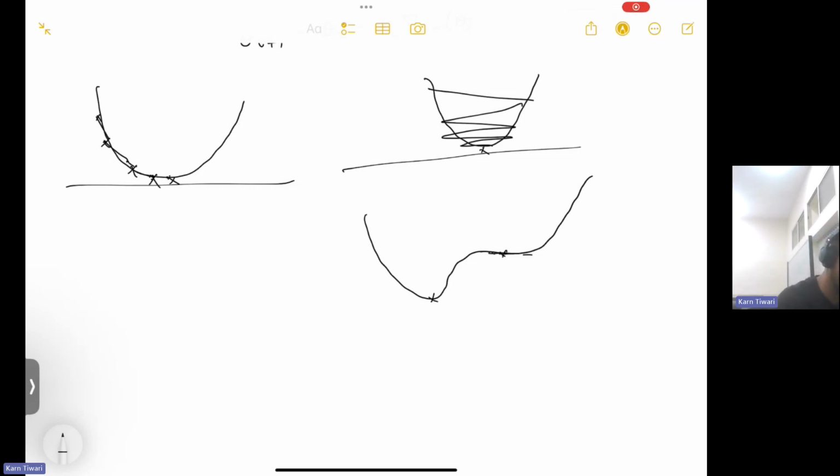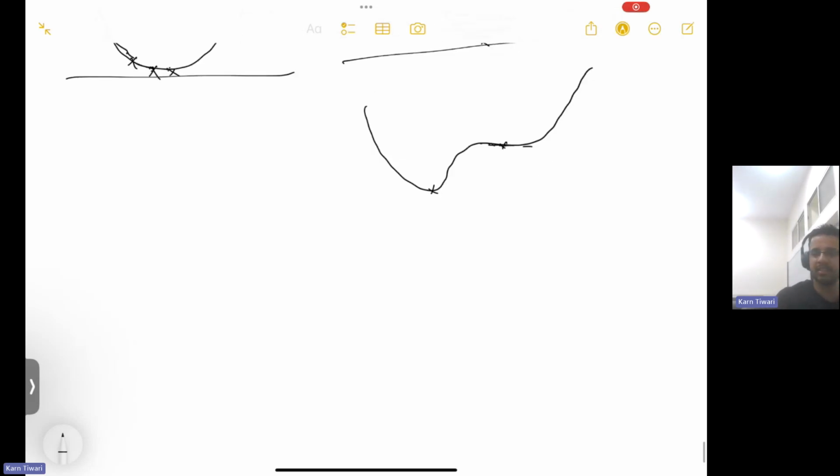If we take a lot of steps, I'm not even sure whether I will be able to reach here in a fixed amount of time. It might take an infinite amount of time to reach the minimum. So at some point the gradient value will be very low, approximately equal to zero, so we might get stuck in a flat region.